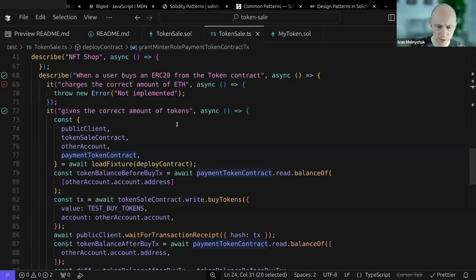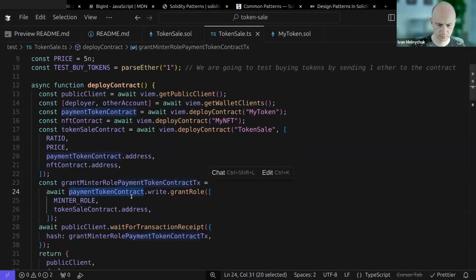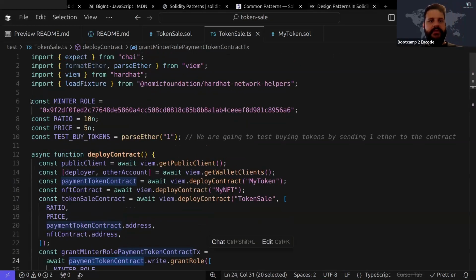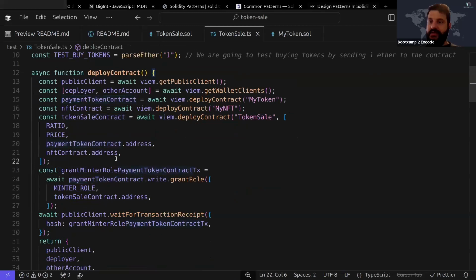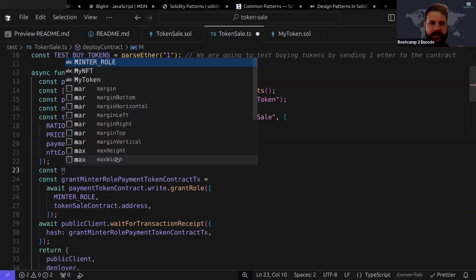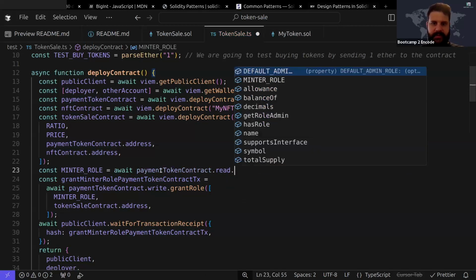Okay. Can you please show the deploy contract just for the second again? Here. Okay. The variable minter role is the one that you get from the error. If you want, you can get the minter role direct from the contract, like const minterRole equals await paymentTokenContract.read.MINTER_ROLE.